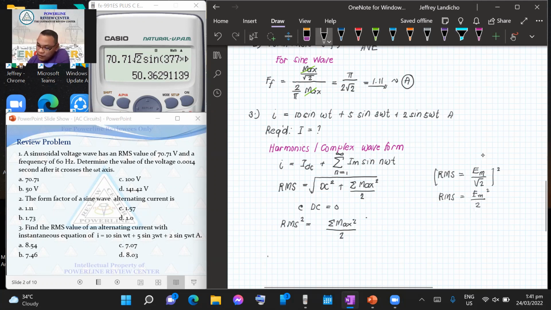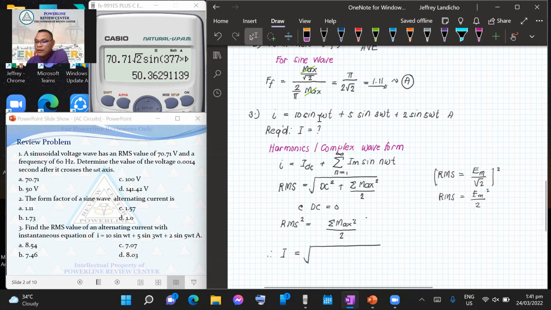Now we can get the RMS value for this given current, let's say capital I without subscript. So we have the square root of the maximum value of the fundamental harmonics.